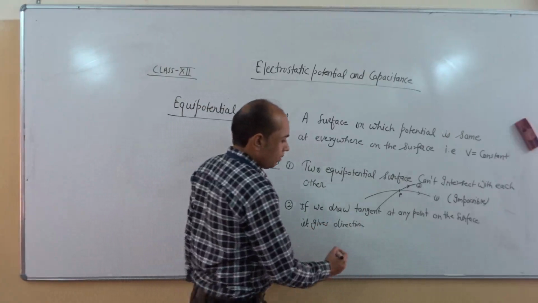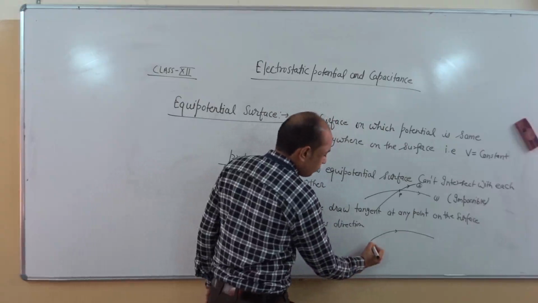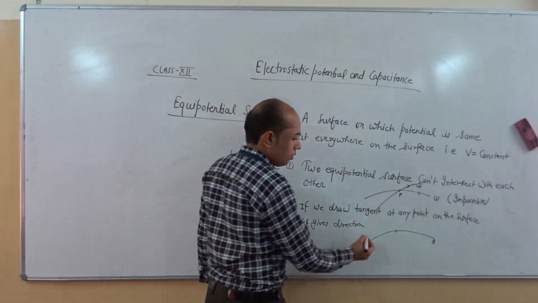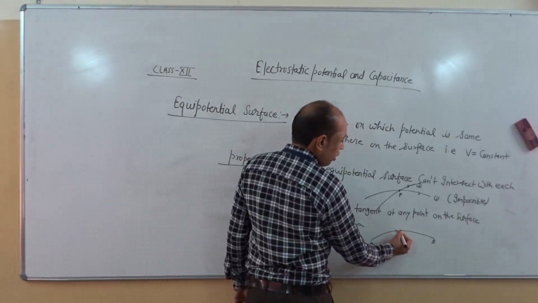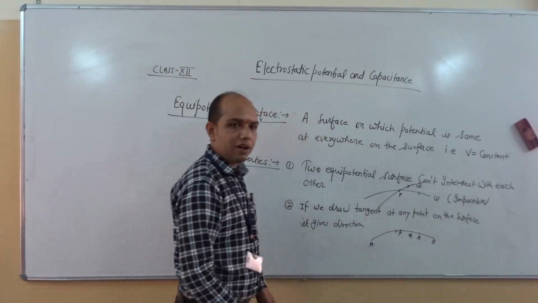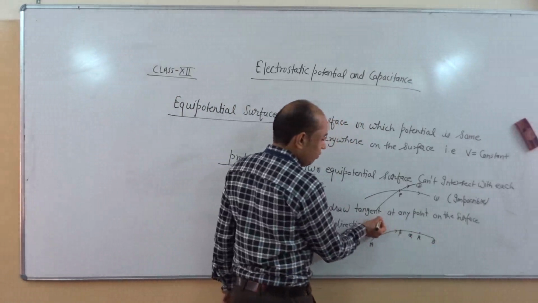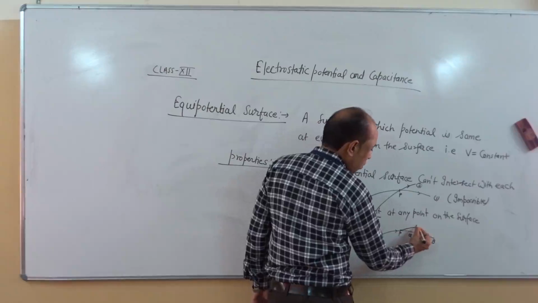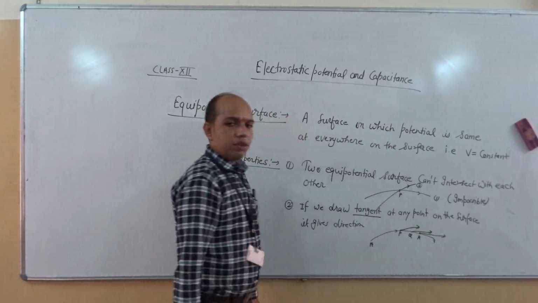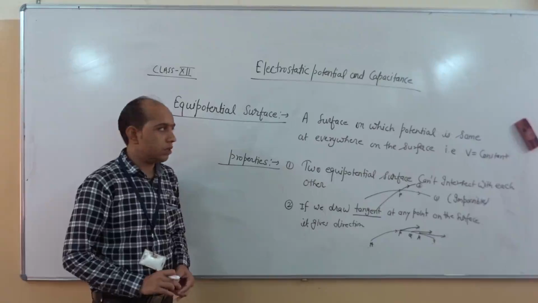For example, if I draw one equipotential surface A to B, and if you draw point P, point Q, point R, we have to find the direction. Where is the direction of equipotential surface? Simply we draw just one tangent. So this tangent shows the direction of equipotential surface.